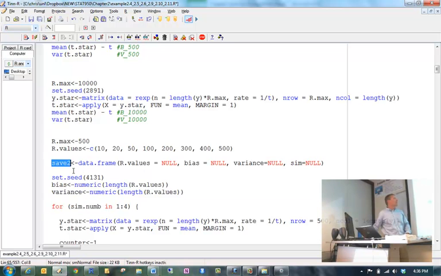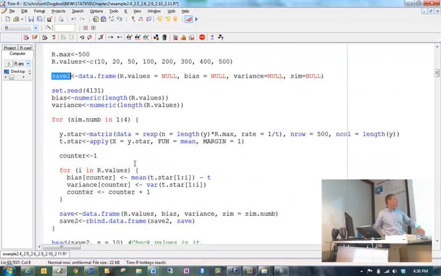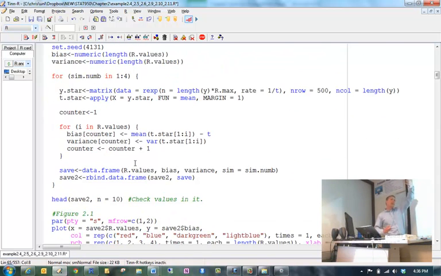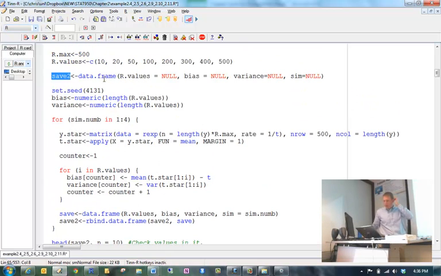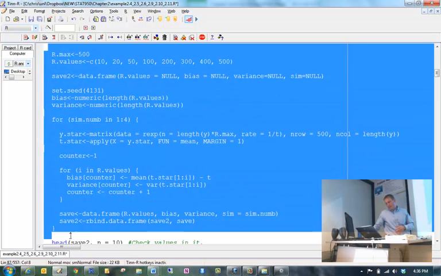Remember, that right there was initialized. So the first time through, I'm going to say, here's save 2, I'm going to put save right below it, and you're going to have the results from simulation 1. Then the next time through, it's going to put the next save right below, and so on. Let's run it through here first, and then I'll go back and help explain some of this stuff a little bit better too.